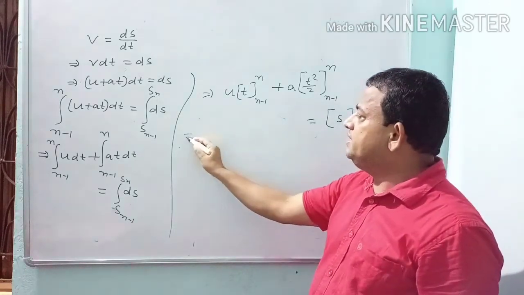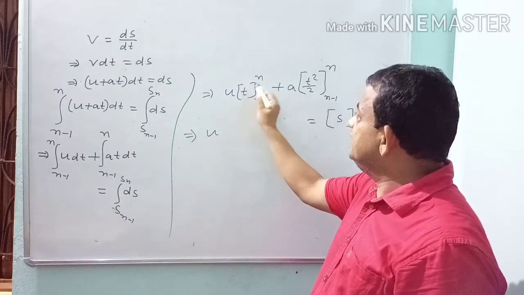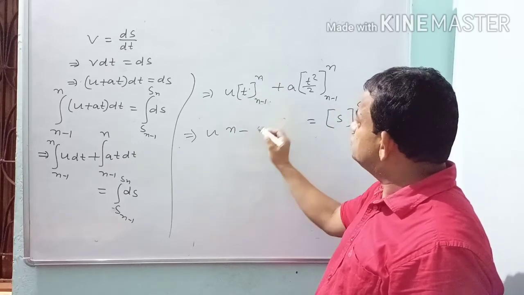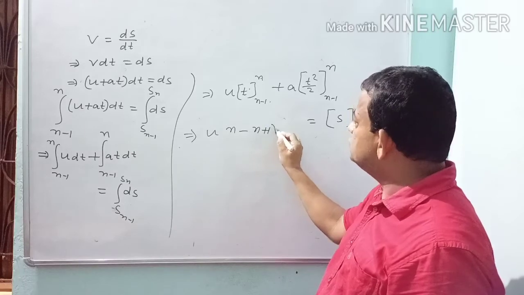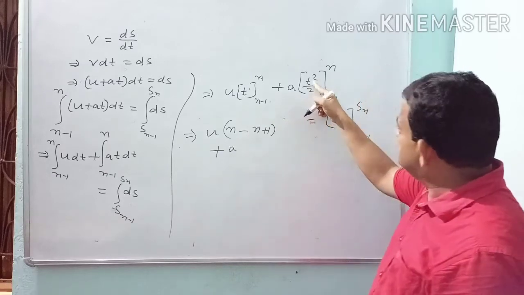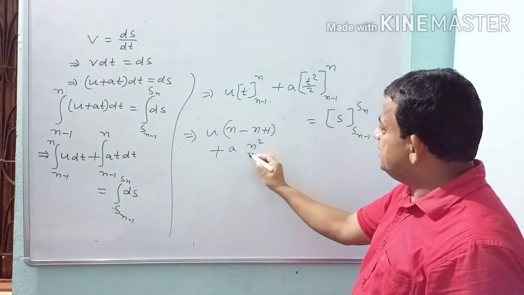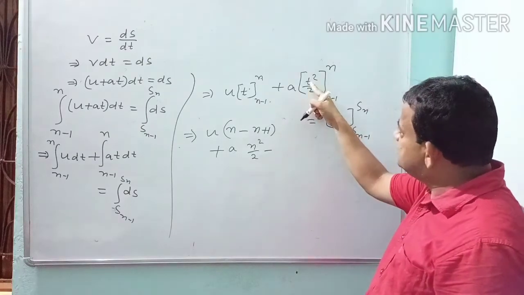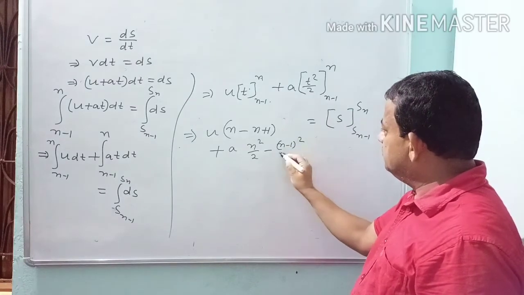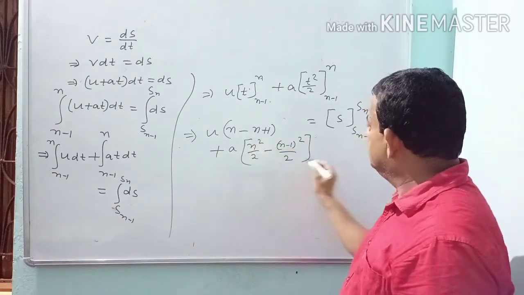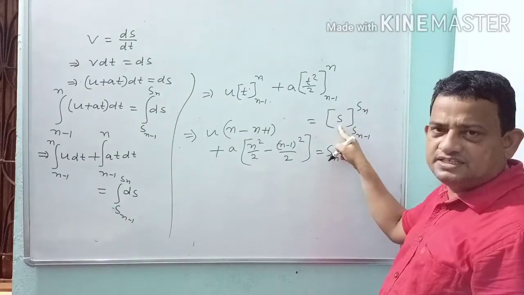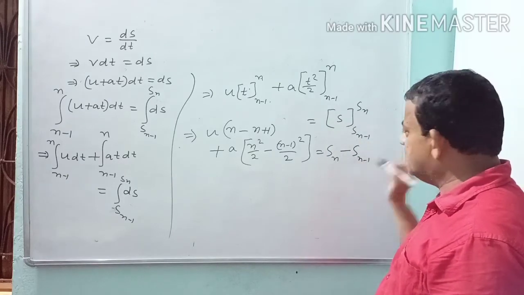Now you put in the limiting values. For t you put n, and for t you put n − 1, so u[n − (n − 1)] gives u, plus a. For this t you put n, that is n²/2, minus, for this t you put n − 1, that is (n − 1)²/2. For s you put Sn, minus, for s you put S(n−1).